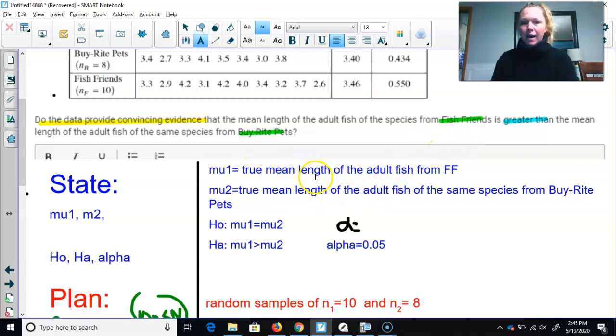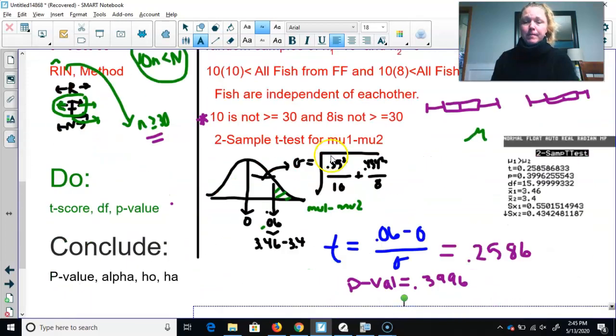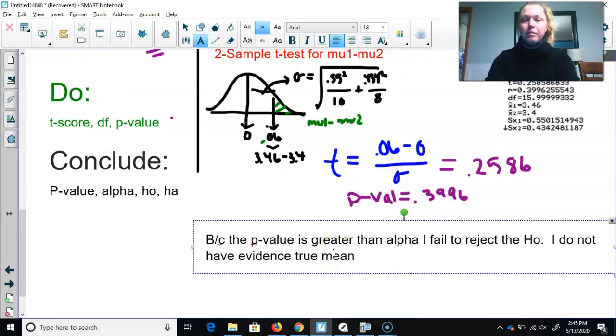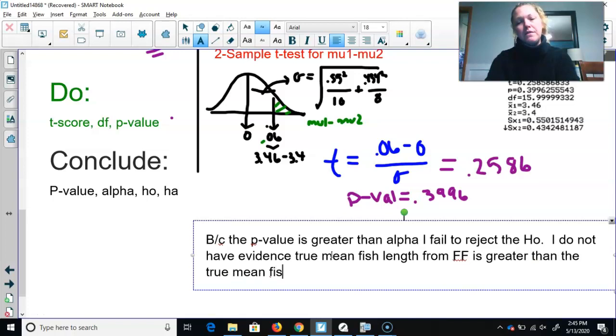I do not have evidence that the true mean length of the adult fish from the species from Fish from Friends is greater than the true mean length of adult fish of the same species from Buy Rite Pets.